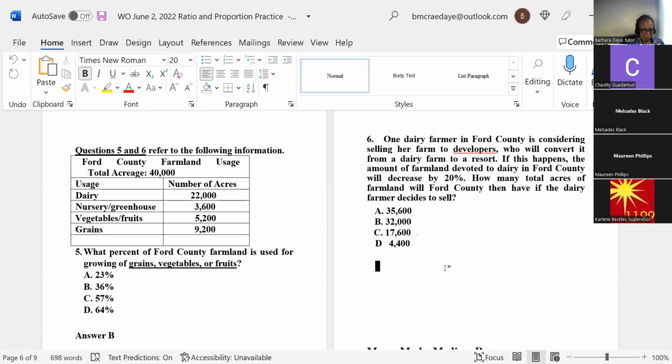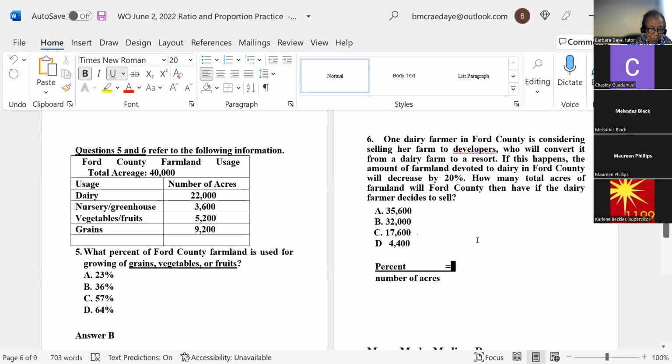Go ahead, Miss Barbara, because I don't remember. Maureen, do you know how you set it up as a ratio? Let me just say percent. All right, now put that over number of acres. Now you can set up a ratio, right? What would your ratio look like, Mercedes?